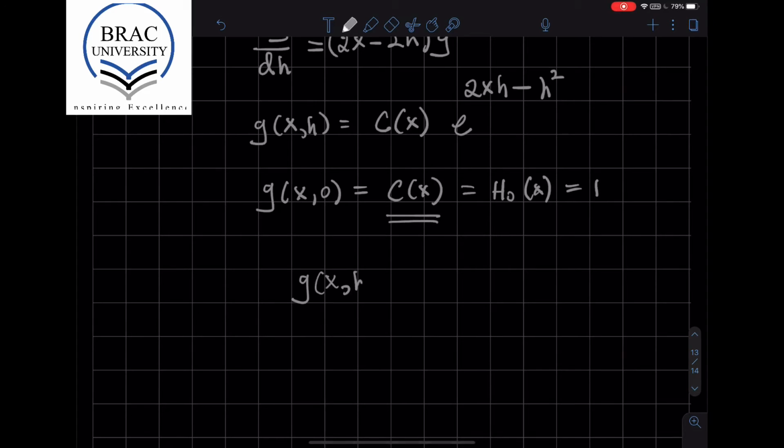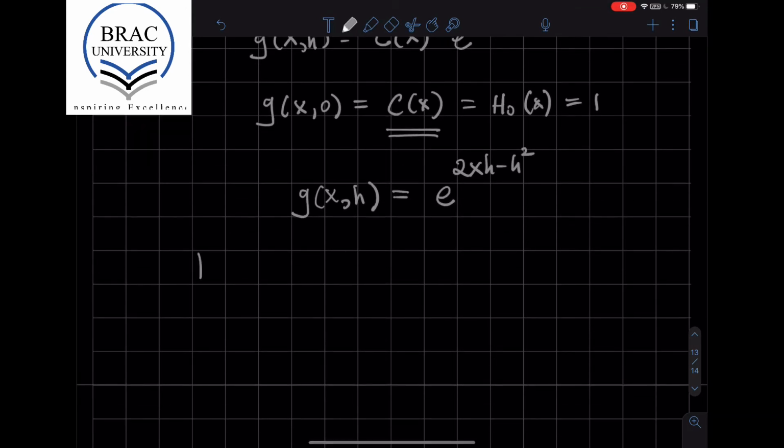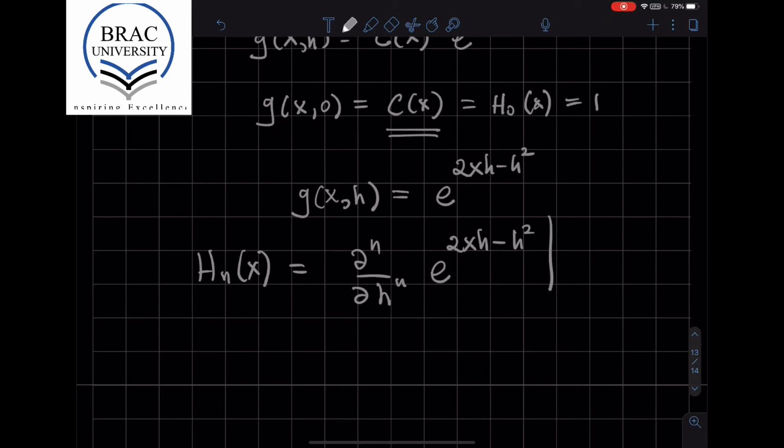Then g of x and h is going to be e to the power 2xh minus h squared. And therefore, the nth Hermite polynomial will be given by the nth derivative with respect to h of e to the power 2xh minus h squared, with h set to 0.